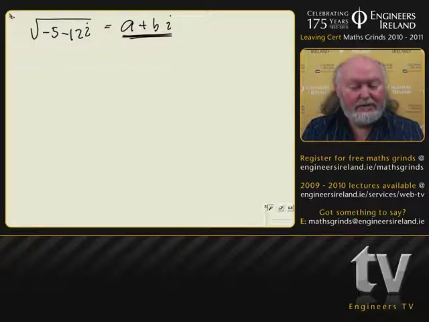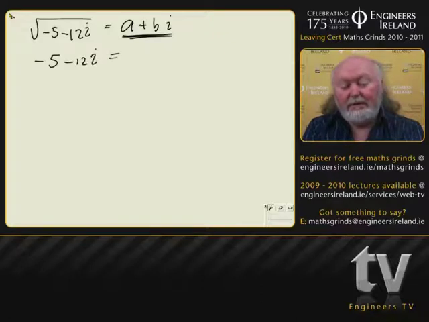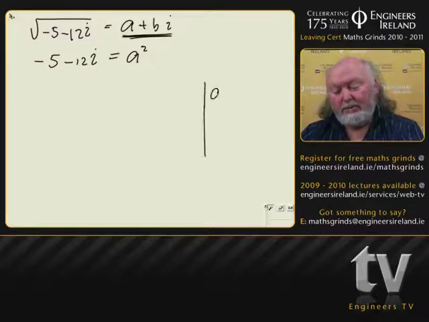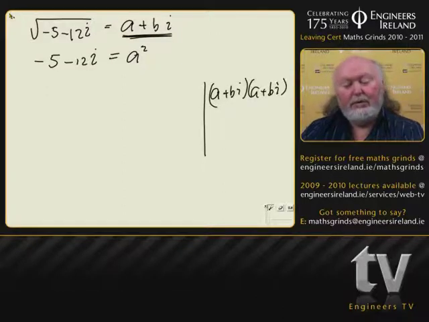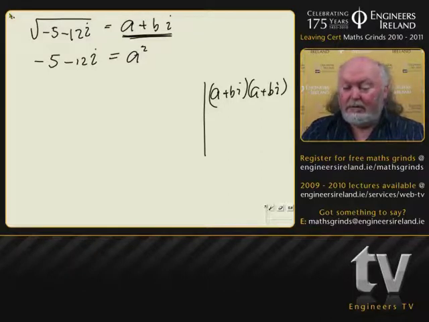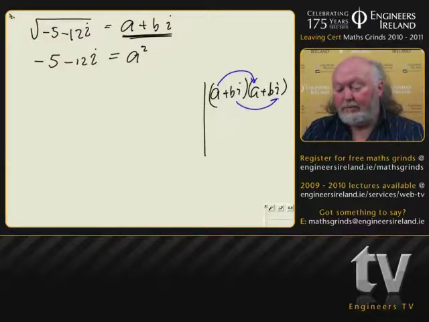We're saying, if that's the square root of this, I can square both sides. And I'll say minus 5 minus 12i is equal to (a plus bi) squared. Now, remember, come over here and we'll do it out the long way for you. A plus bi. We want all the real bits together, so this will give me a real bit, and that will give me a real bit.